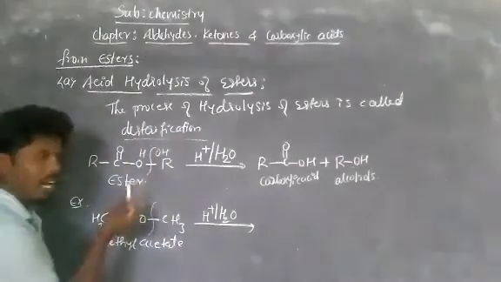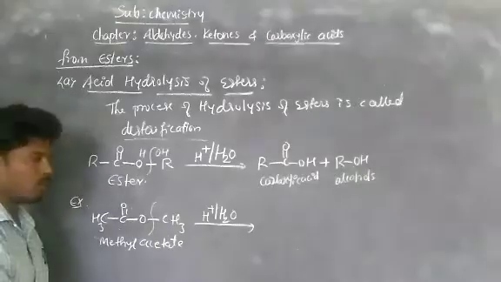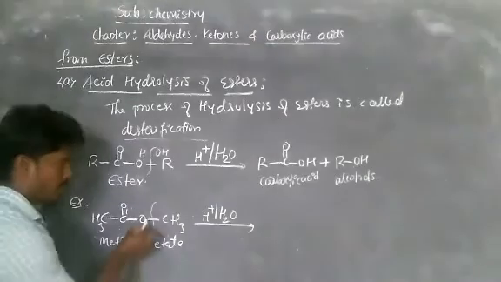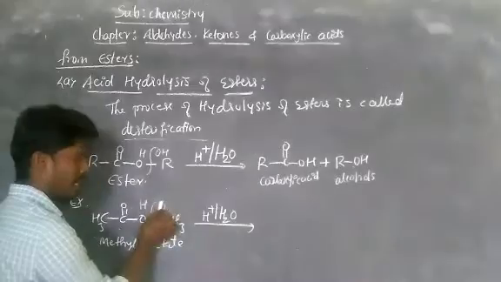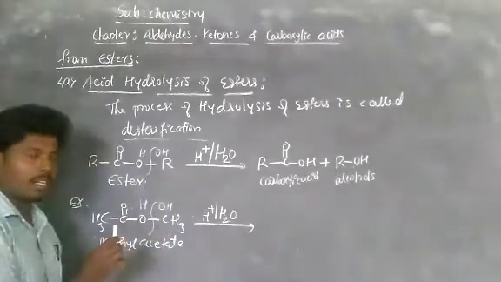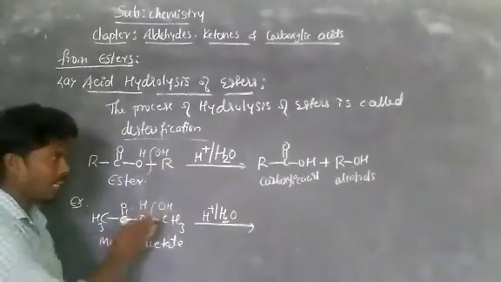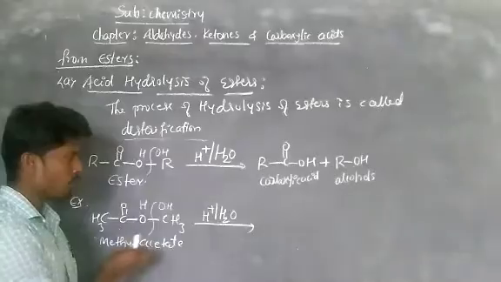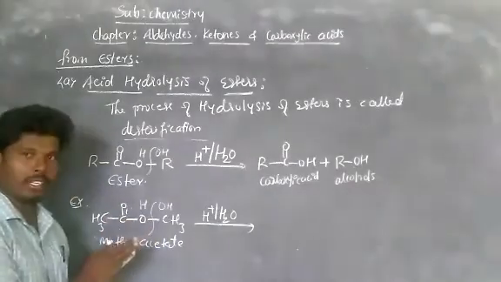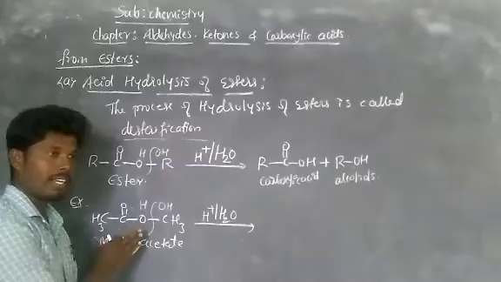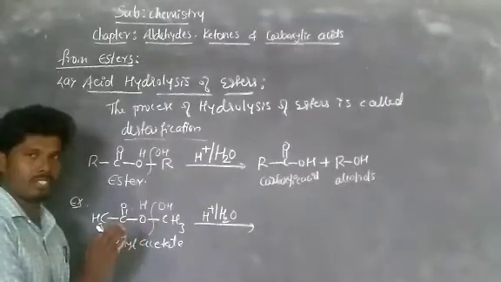In esters this bond is broken, one side takes H from water and the other side OH. I am simply telling you how you get the products; actually the mechanism is different, and here there is no need to study the mechanism of de-esterification of this ester.